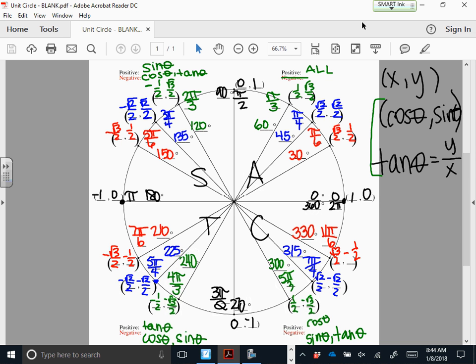Remember, cotangent is x divided by y, and so that actually is 0. So I want you to notice with our reciprocal functions, if you have a 0, the reciprocal is going to be undefined. If you have a function that's undefined, the reciprocal will be 0. The reciprocal of undefined is 0, which sounds kind of funny to say.